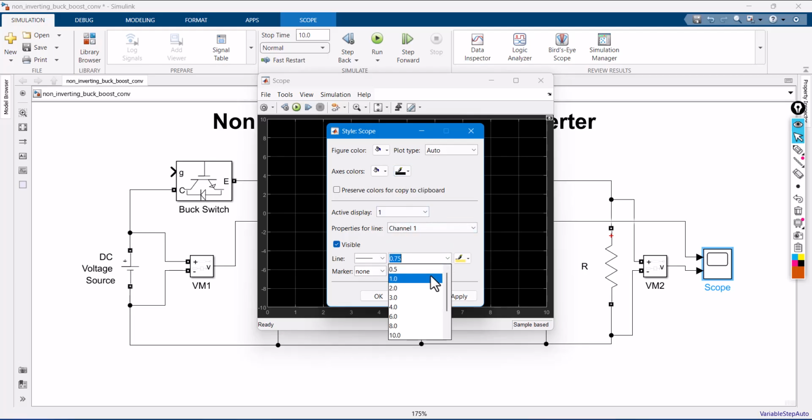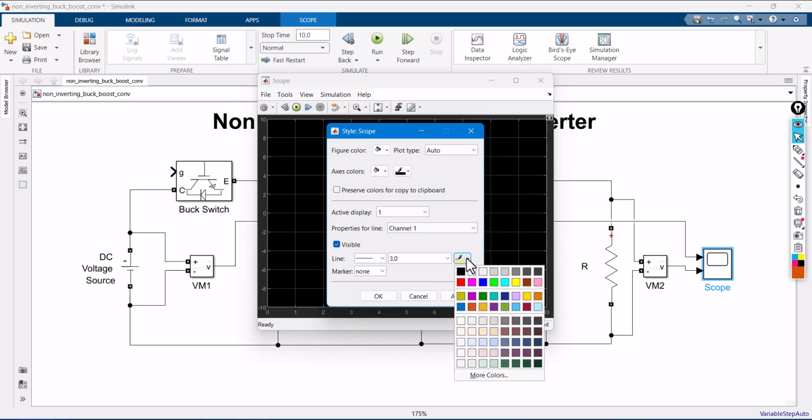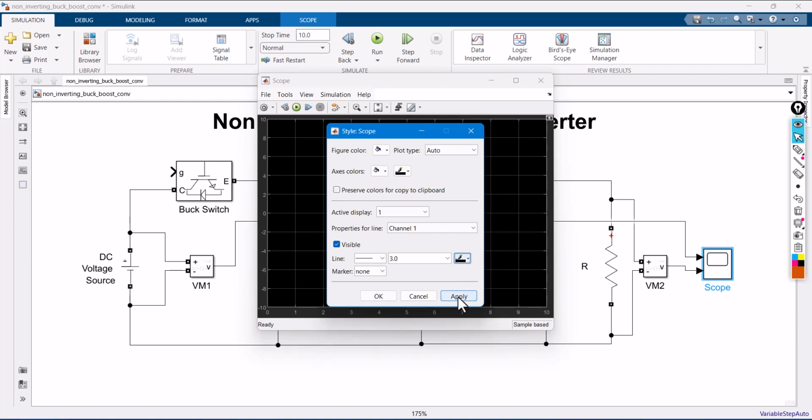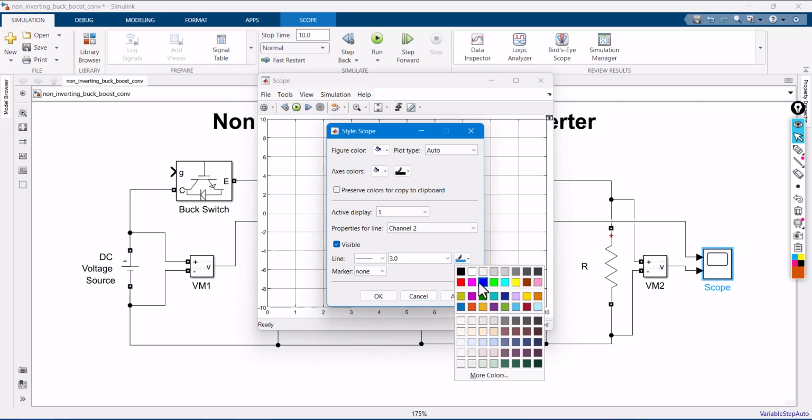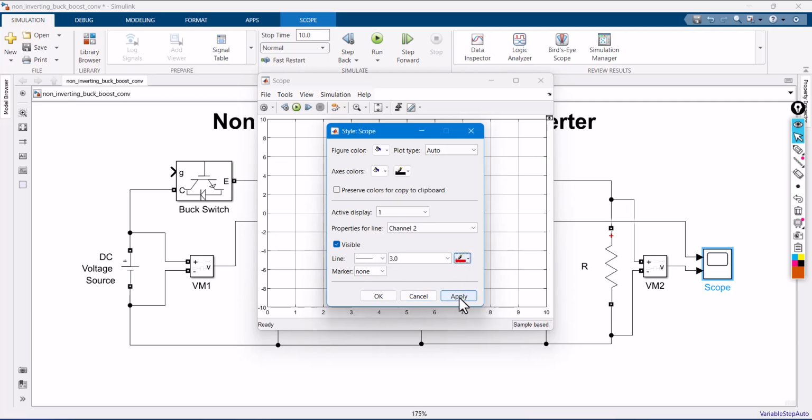Take channel 1, let it be. So channel 1 is input voltage. I want the input voltage in black color. Accordingly, you can add legend. Channel 2 is output voltage. I want that output voltage in, let it be red color.